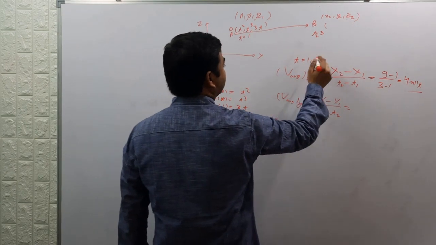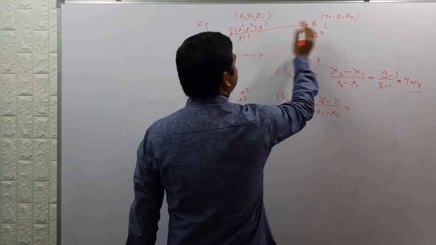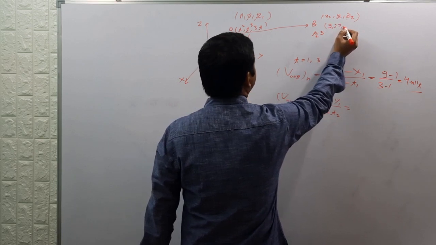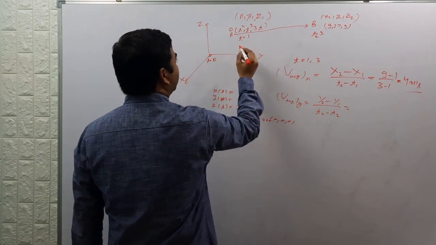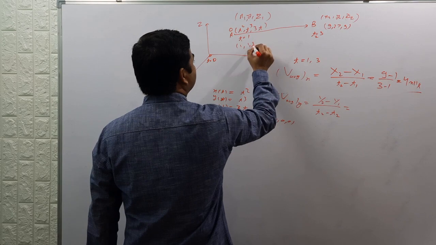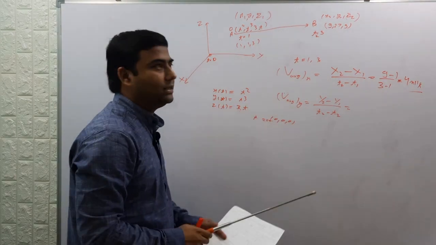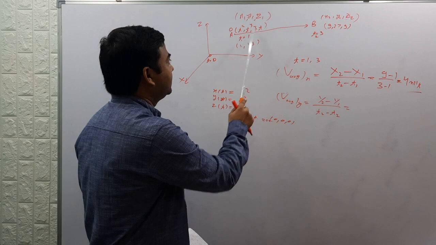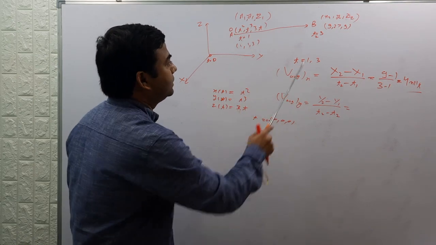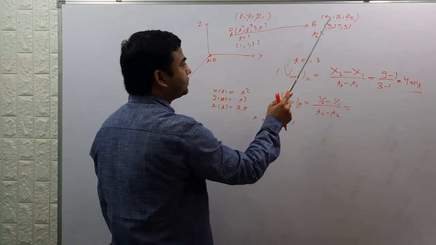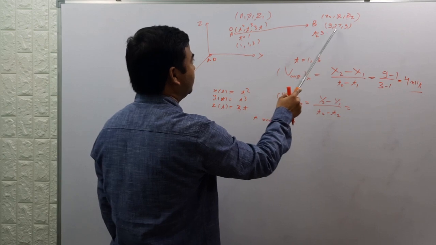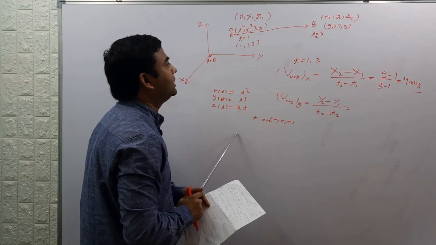At t is equal to 3, this is 9, this is 27, and this is 9, and the coordinate at t is equal to 1 is 1, 1, 3. You can directly write coordinates with this equation. Coordinates are 9, 27, 9.